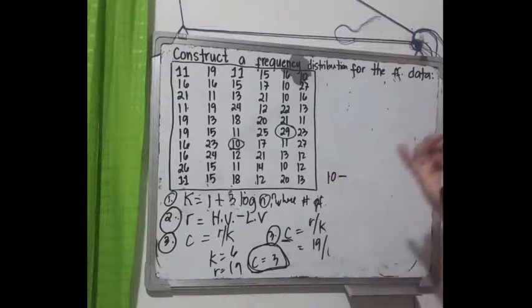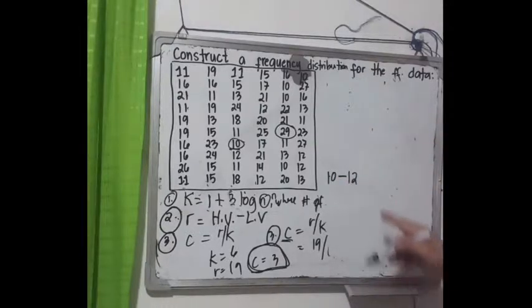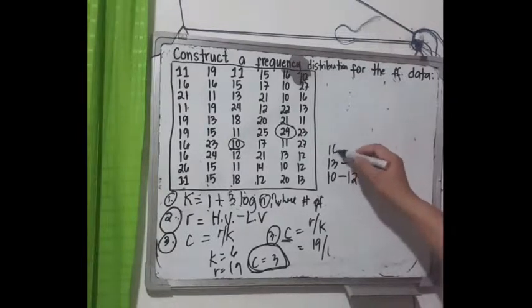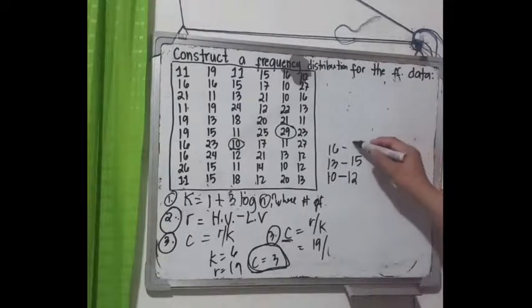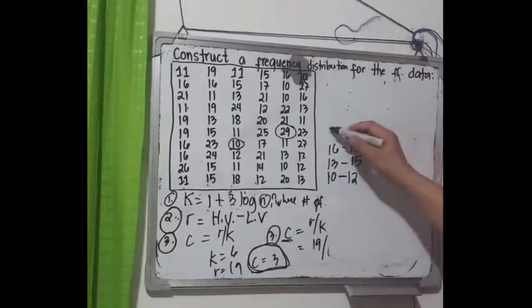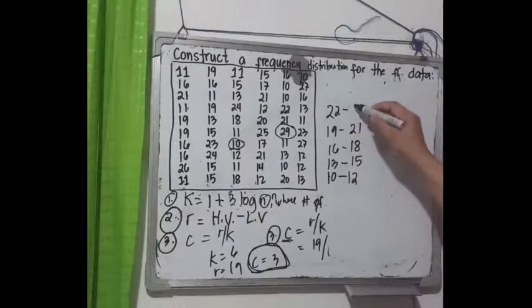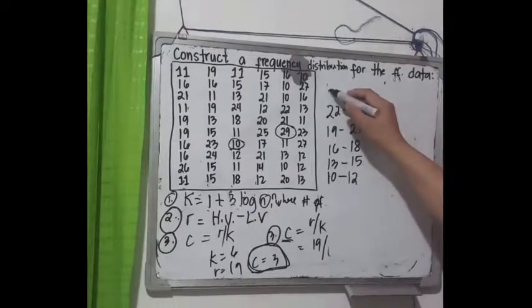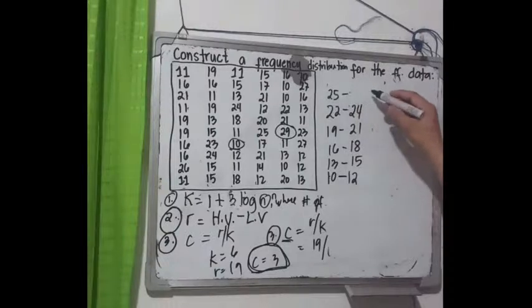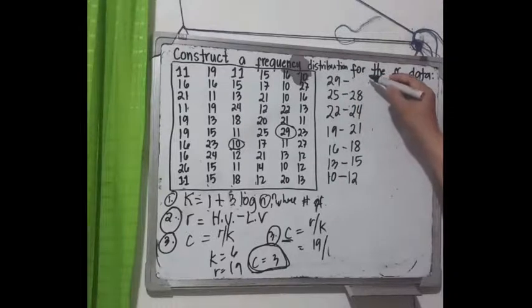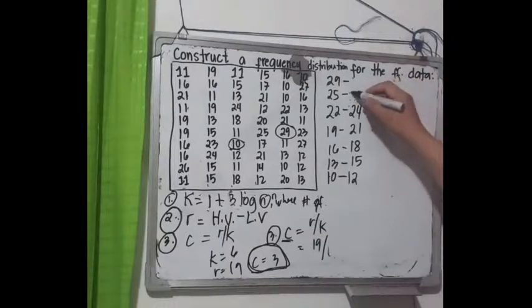So 10 to 12, then 13 to 15, then 16 to 18, next 19 to 21, next 22 to 24, 25 to 27, and 28 to 30.